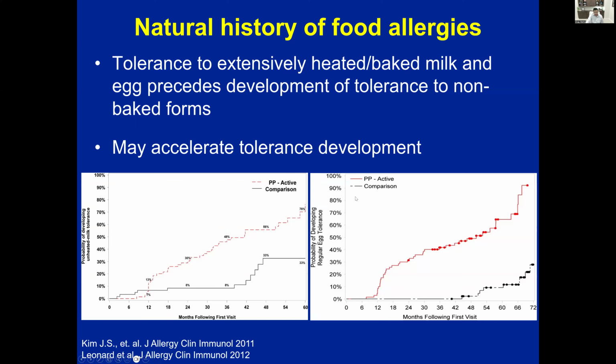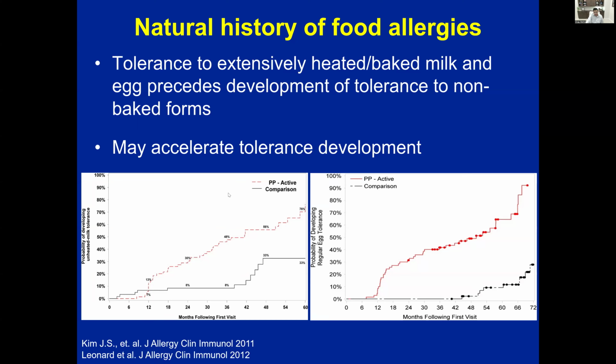We also know that in cases of milk allergy and egg allergy, generally speaking, most children can tolerate the egg protein if the food is extensively heated, so baked egg, or heated milk as well.